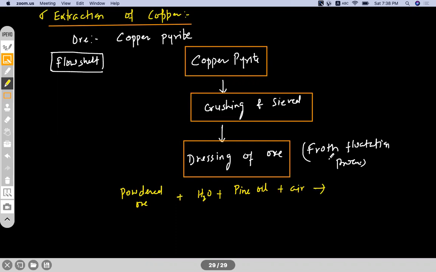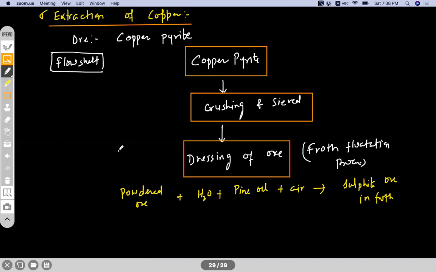It converts into the sulfite ore in the froth. Okay, we add pine oil, potassium xanthate, sodium xanthate we can add, and we agitate it, mix it properly, the impurities settle down.